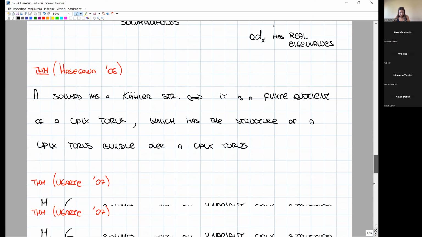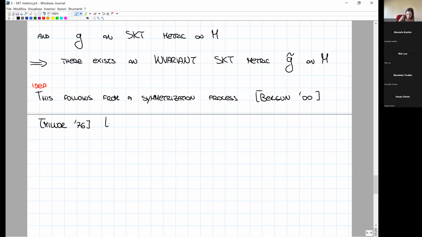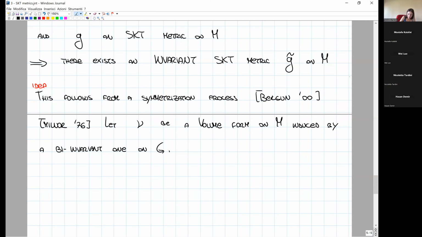So by Milnor, let's say mu be the bi-invariant volume form on M induced by a bi-invariant one on G. So after rescaling, we can suppose that M has volume 1.